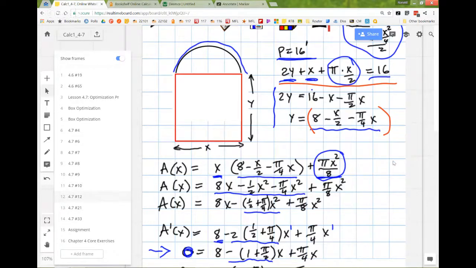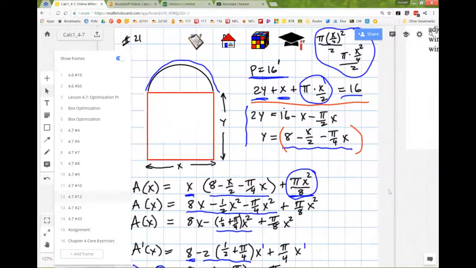Let me just work this out on the side here. I guess that's what I did up in the corner. So if you look way up here in the top, you can see it there. See my cursor up there? Pi times the radius squared, divided by 2 because we have a semicircle.